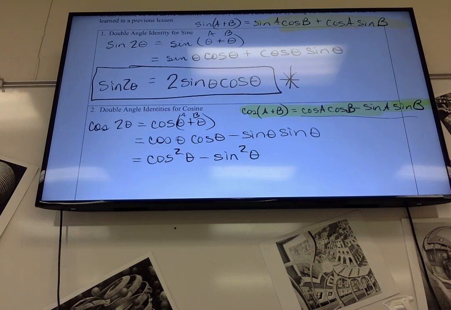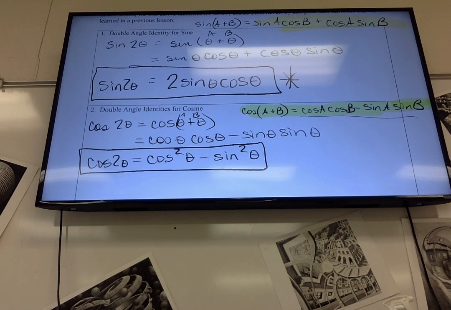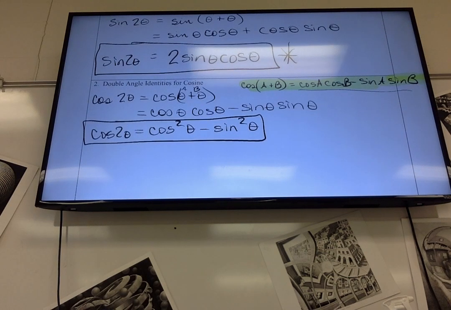People always want to put 1 in there. That's only if those two are added together. That's a double angle identity for cosine. We can replace cosine squared of theta with 1 minus sine squared of theta.